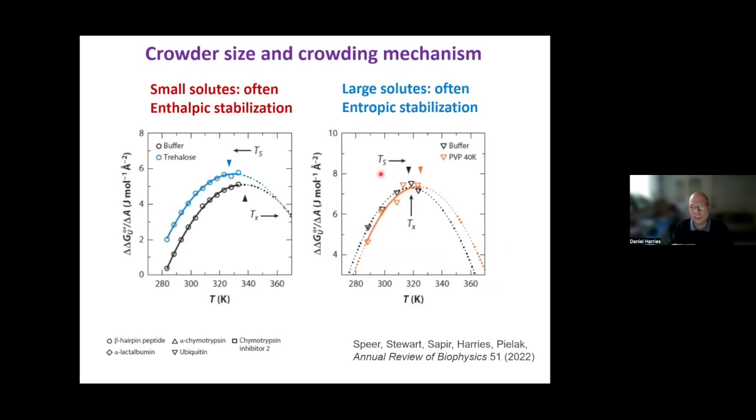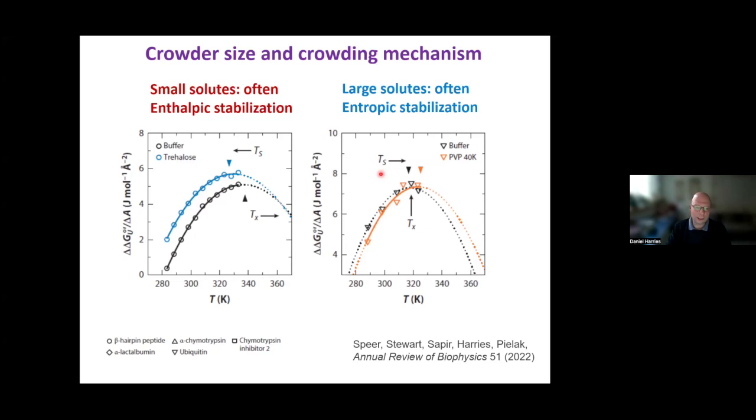So the first thing that we can do is look at the different examples that are available in the literature and see when it is that enthalpy is predominant and when entropy is dominating. And what we found is that often, not always, but quite often, small solutes tend to show this enthalpic effect, while larger solutes tend to have entropic stabilization.